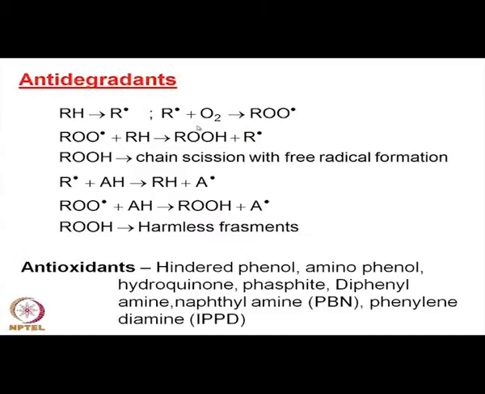Now, in order to prevent the rubber product from such degradation, we use an anti-degradant of AH type. This AH represents one anti-degradant, which can be an antioxidant, etc. That anti-degradant will react with the free radical produced here, like this R radical, by supplying hydrogen from its backbone to stabilize this R radical. That means RH has been regenerated.